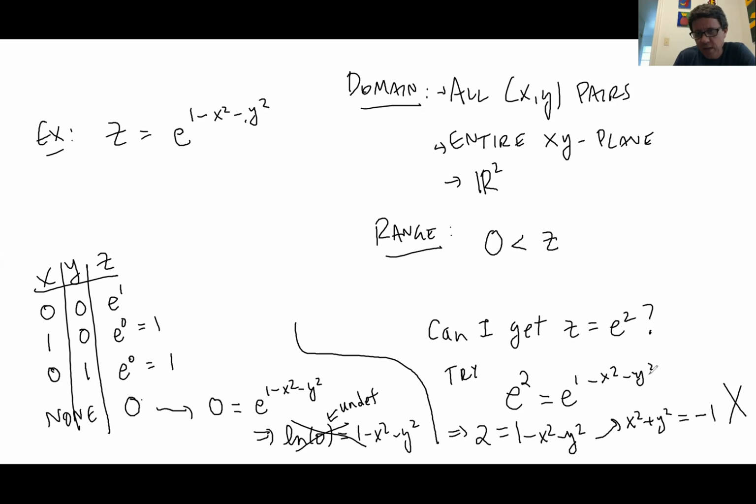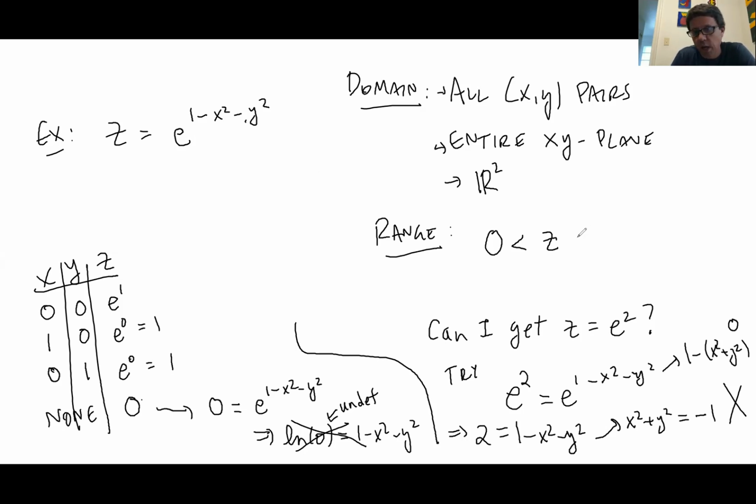So how big can this thing possibly be is the same thing as what's the littlest I can take away. That would be 1 minus x squared plus y squared. What's the littlest that I could take away from 1? And the answer is the littlest I could take away is if they are both 0. So if they're both 0, then I take away the least amount from the power, which makes my z as big as possible.